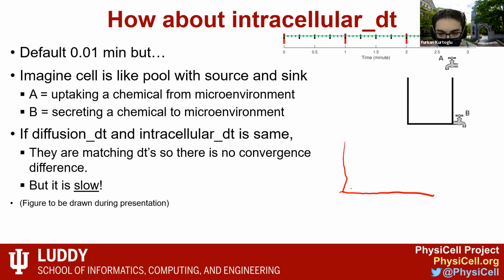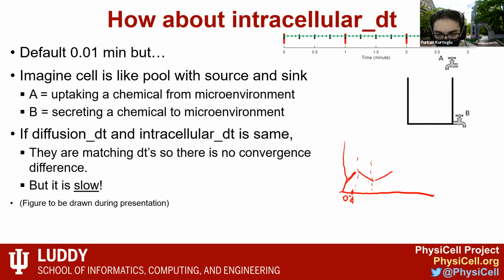This is the first diffusion dt, and because it's uptaken from the environment, it goes up, and then the intracellular dt comes, because it's the same one, and it's consuming.